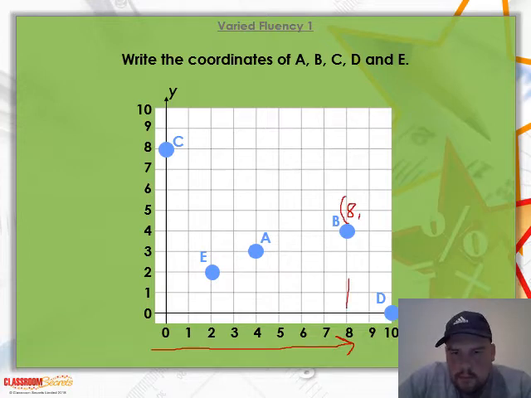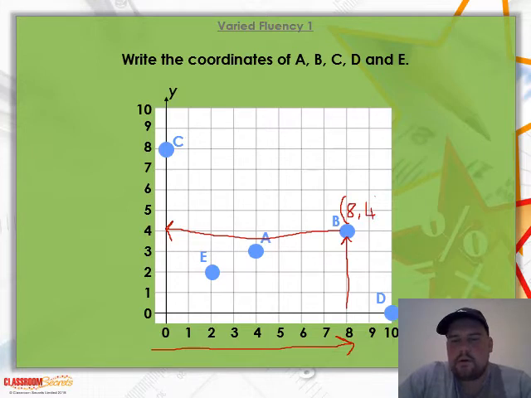And then we need to go up the stairs until we get to B, and we just need to work across this way here to see where B is. So B is 8 along the x-axis, so that goes first, and it's 4 on the y-axis, so that goes second. So along the corridor and up the stairs, our coordinate for B would be 8, 4. You can do the rest for A, C, D, and E, and then check your answers on the next slide.